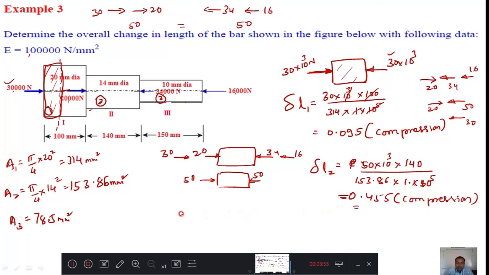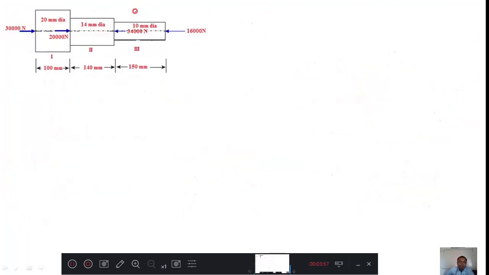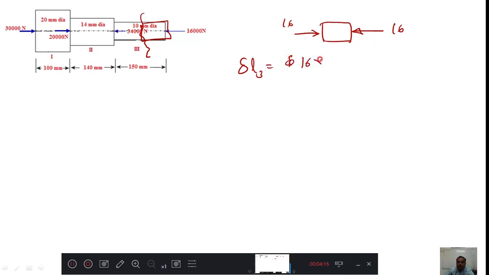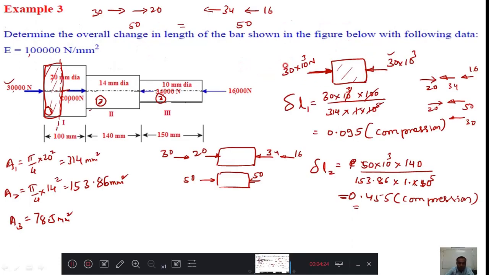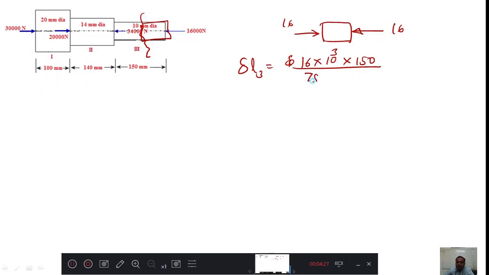We got it. Then the third diagram is here. If I take a section here, then I will get this diagram. That diagram I will write here. That diagram is pushed by 16, so it must resist by 16. Therefore delta L3 equal to PL by AE. P is 16 into 10 raised to 3. L is 150, divided by A. A is 78.5. 78.5 into 1 into 10 raised to 5 is your answer.